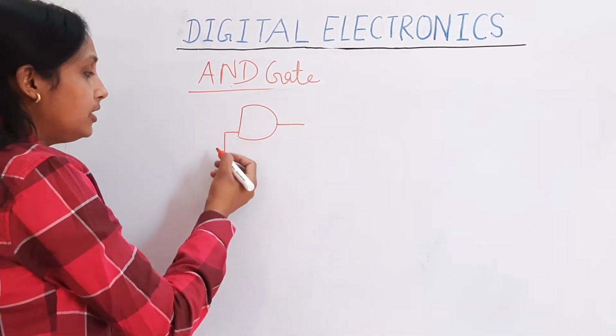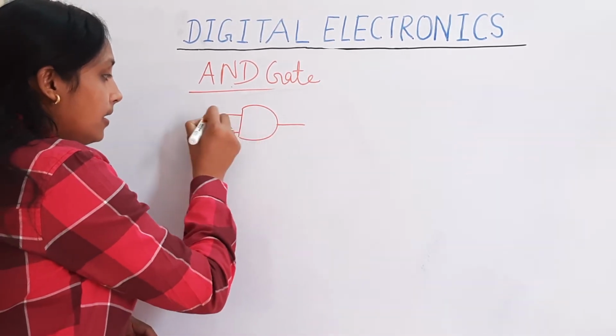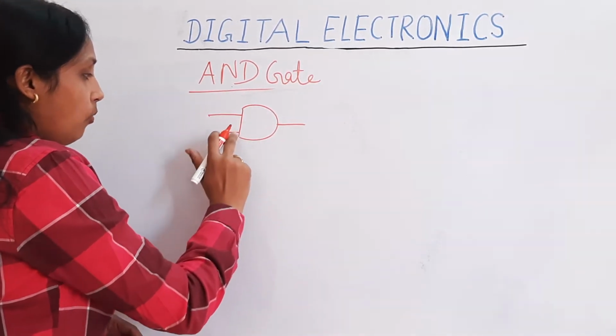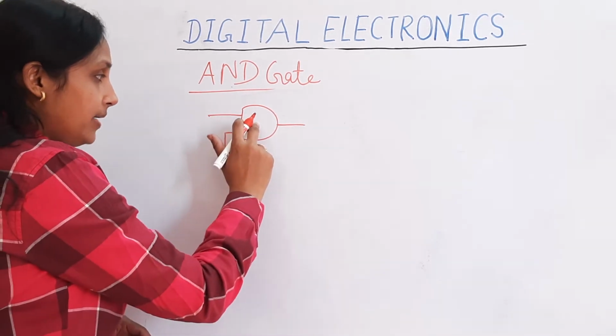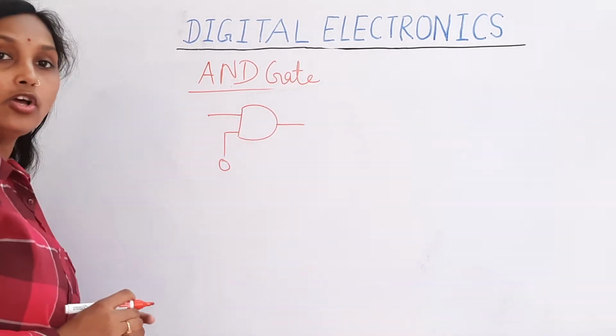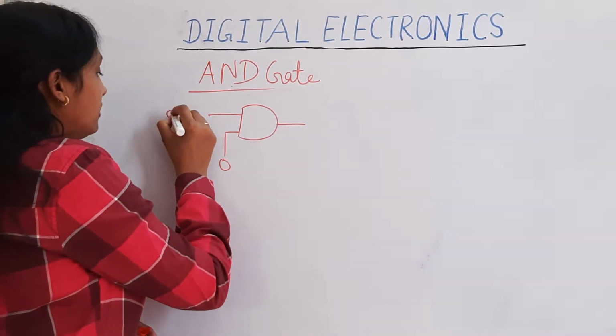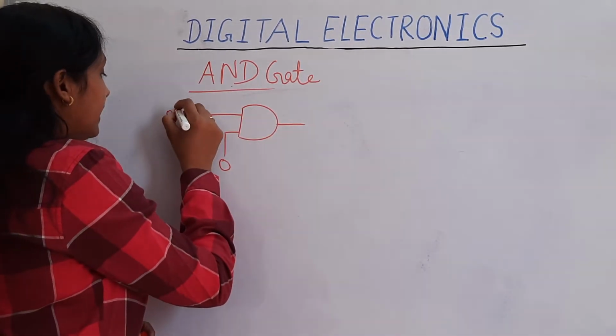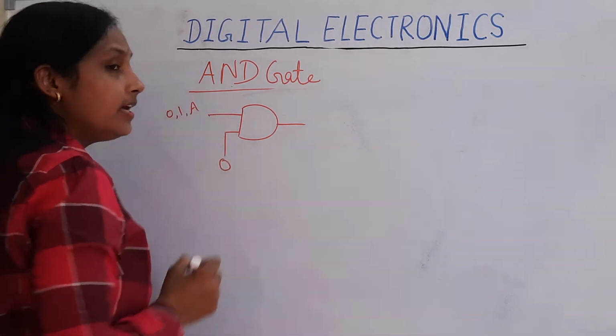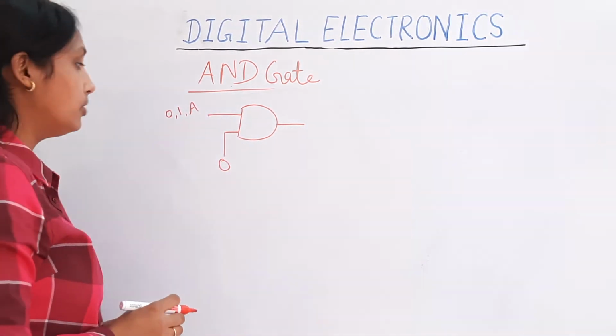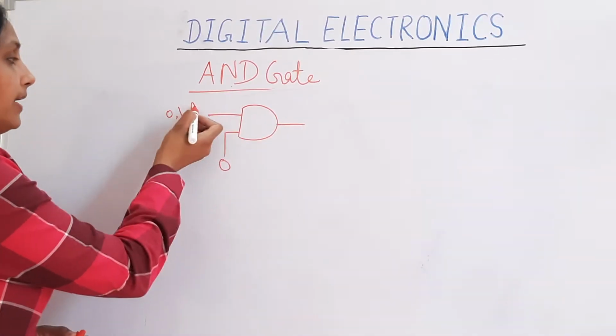We connect one of the inputs of this two-input AND gate to logic 0, or low, and at the second input of the AND gate we change the values of the input, like 0, 1, A.